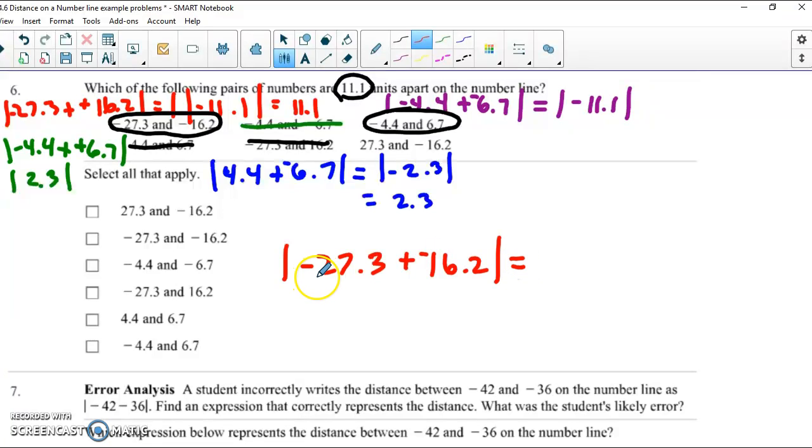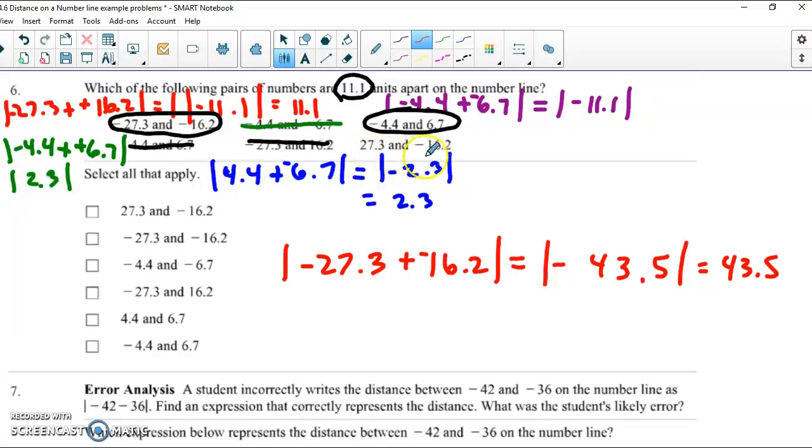So now I'm adding two numbers with the same sign, so I can add like normal and keep that negative sign. So 27 3/10 plus 16 2/10 would be negative 43 and 5/10. I'm going to take the absolute value of that negative distance, which is positive 43 and 5/10.